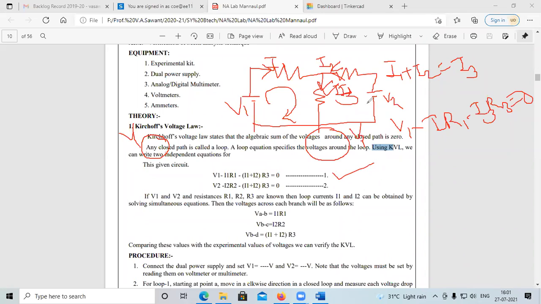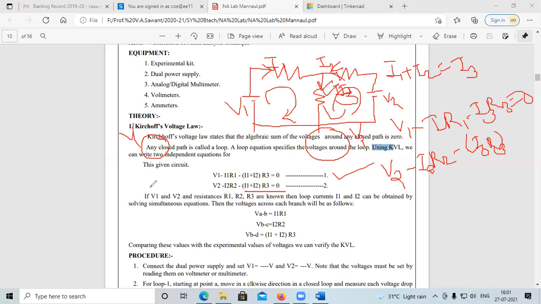Similarly, applying KVL in the anti-clockwise direction, we get V2 minus I2 into R2 minus I3 into R3, again with I3 equal to I1 plus I2. So we get this equation.